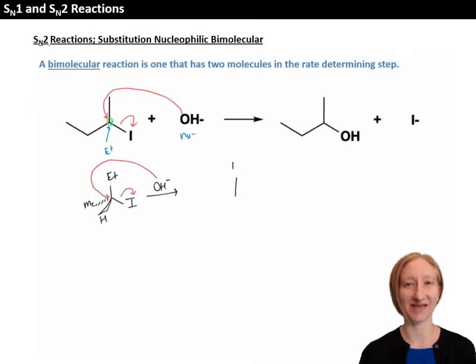We call it a backside attack. During that attack, as the carbon-oxygen bond begins to form, the carbon-iodide bond begins to break. So the transition state shows exactly that. It has a central carbon forming a bond with the OH group and breaking the bond with the iodine. In this transition state, the central carbon, the electrophilic carbon, is essentially planar, or trigonal planar, and it's sp2 hybridized.